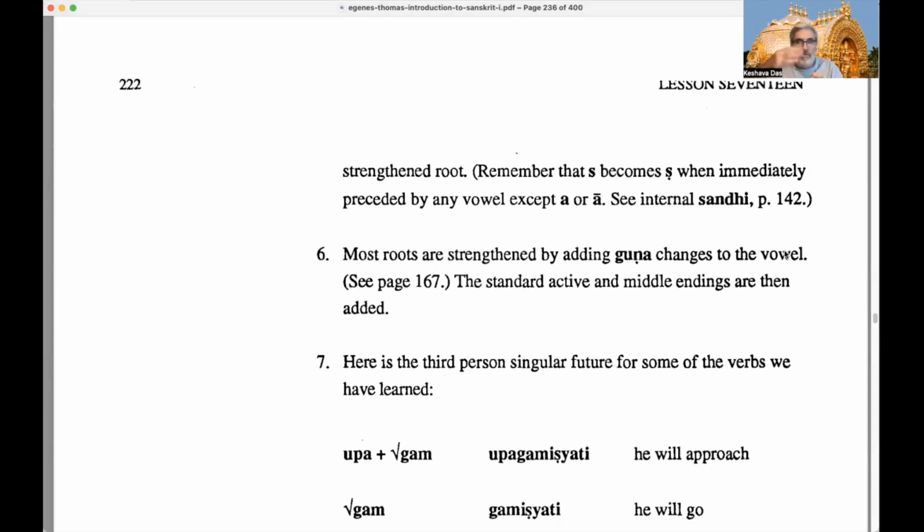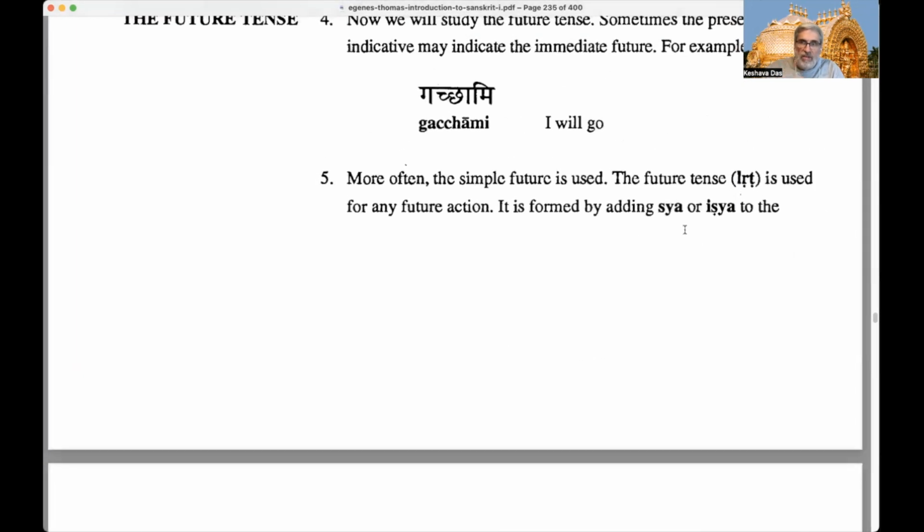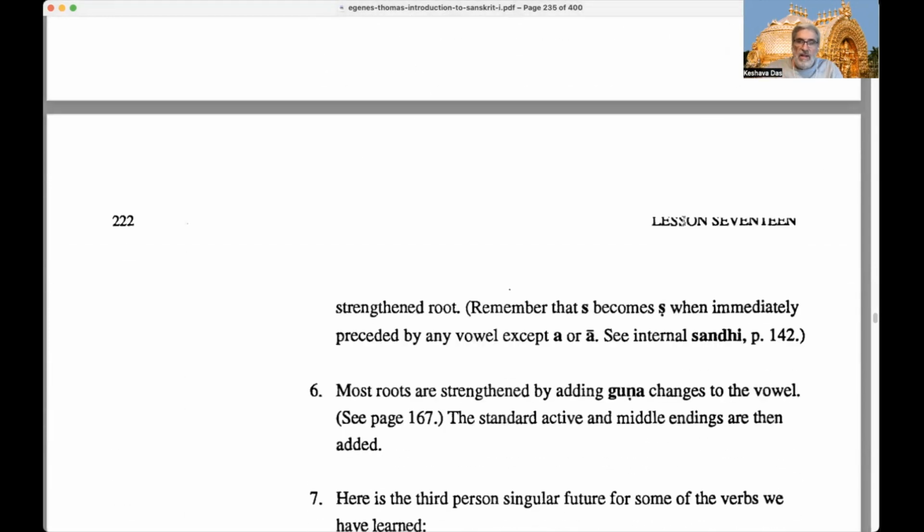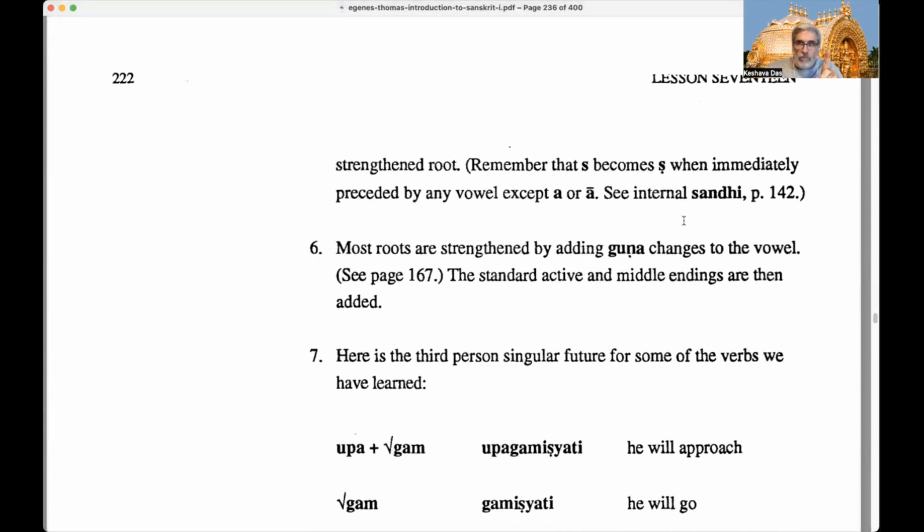Here we're talking about the future tense where we're putting the suffixes on, and the suffixes can be either ishya or sya. If we put sya on as an ending, then we have to be careful if we're adding that to a root that ends in a vowel, except for a or long a, then it will change to become a cerebral.